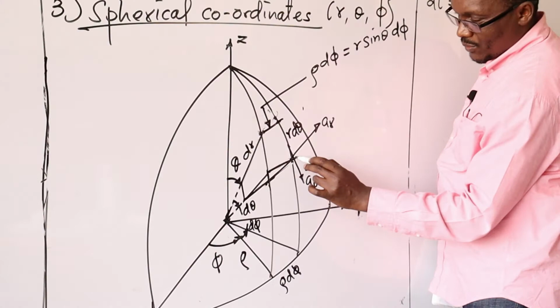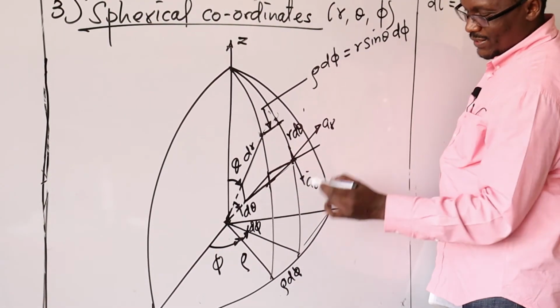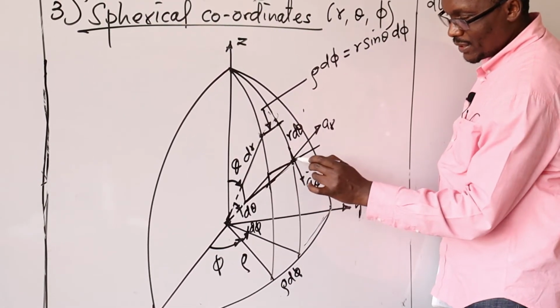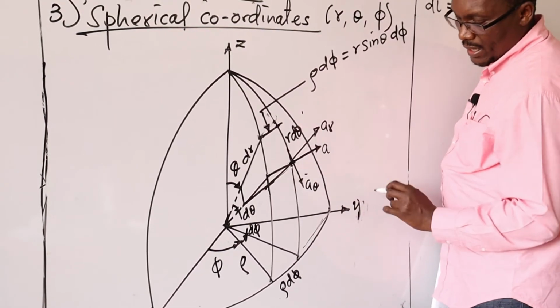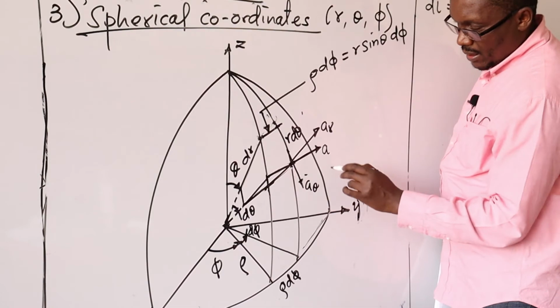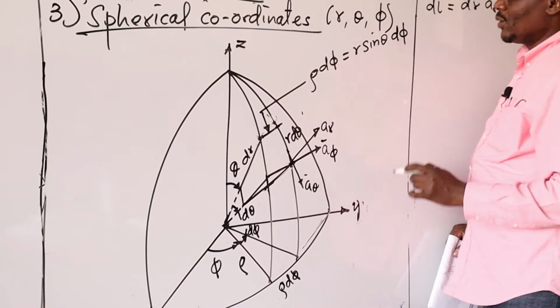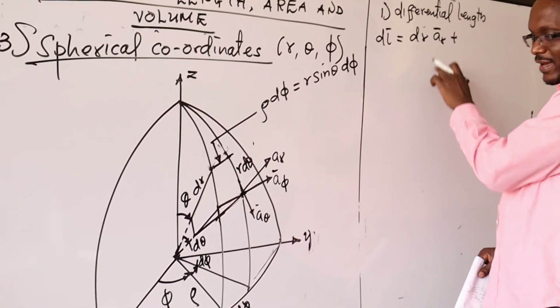This curve is that. There is a unit vector in that direction, and that will be a phi.